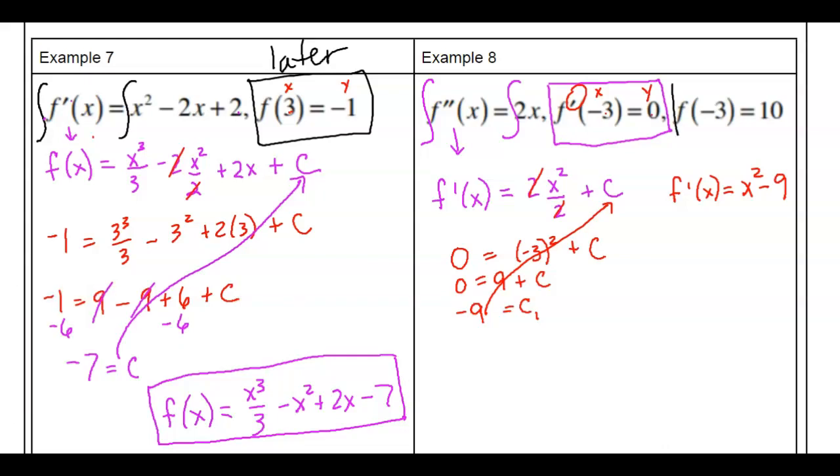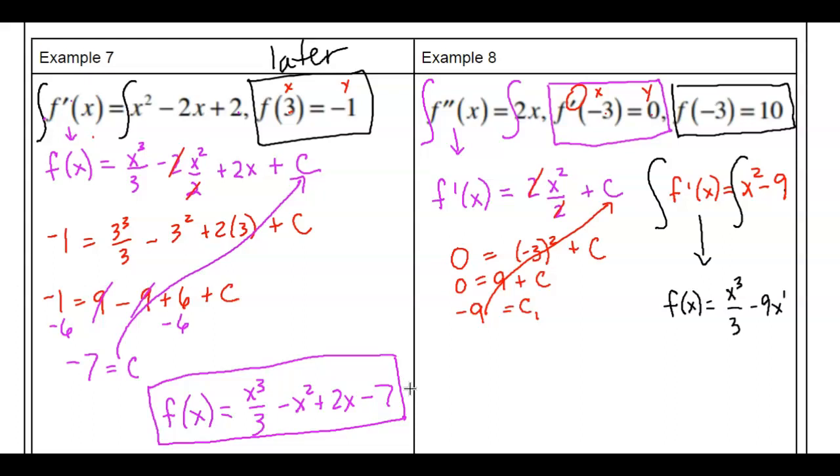But I also know an original value. So I can integrate again. So if I integrate the first derivative, we get the original. And then a power rule. Add a power, divide by it. Add a power, divide by it. And then plus c.